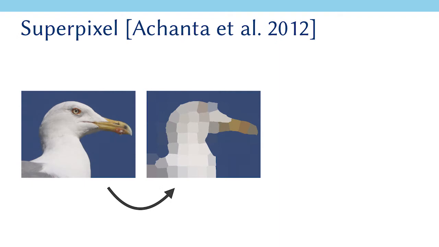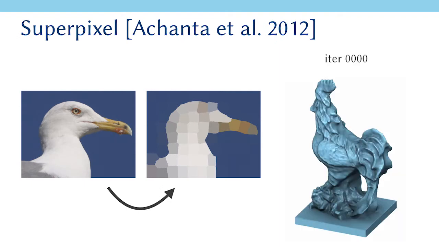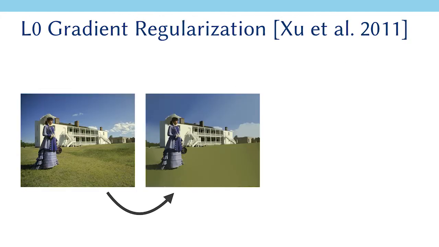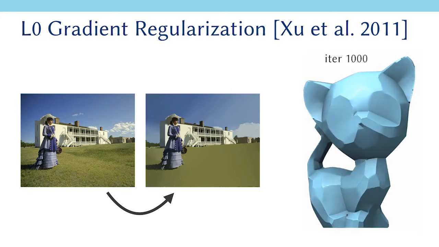This experiment shows the results of applying Superpixel to 3D, which results in a 3D shape to have many small flat regions. This one is an image smoothing with L0 gradient regularization. These algorithms preserve edges and make the image piecewise constant, thus it makes the shape piecewise planar.